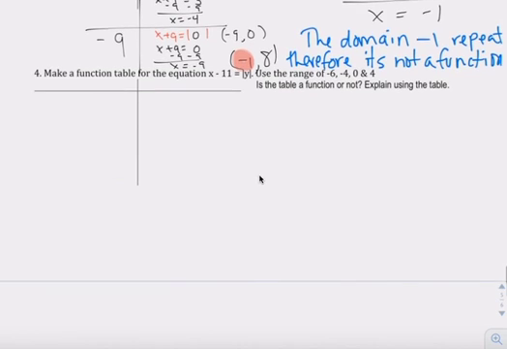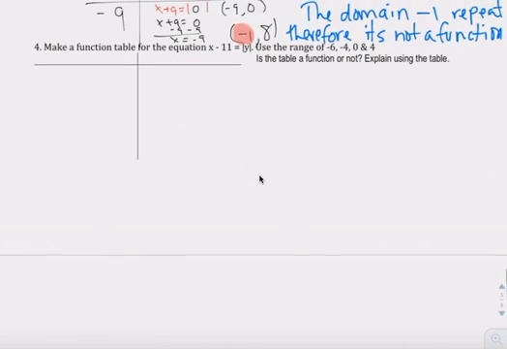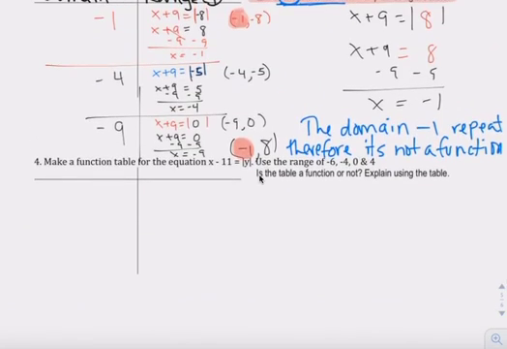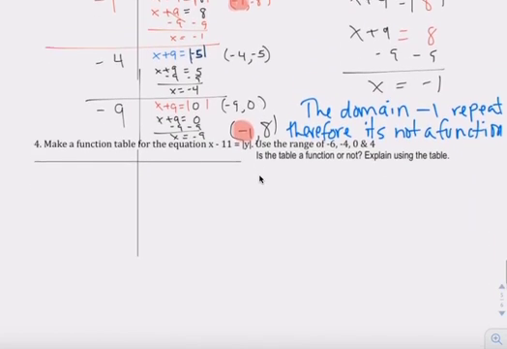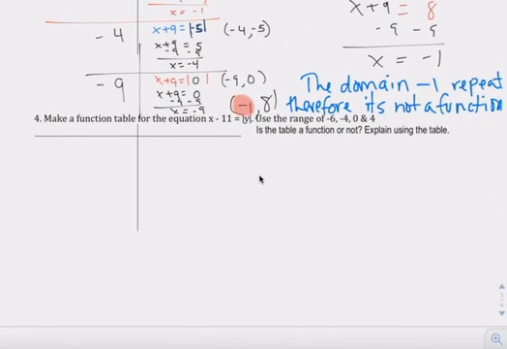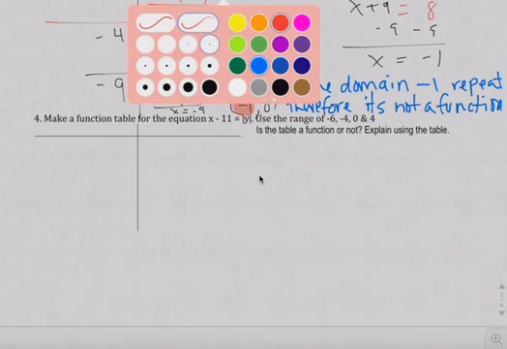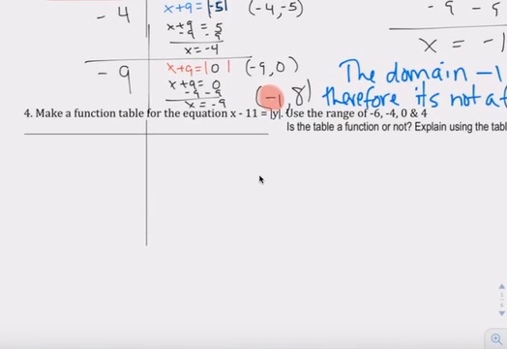And this number 4 is the same thing. Again, as number 3, if you have any question on number 4, ask me in class. Okay, I'll do one of them because this is asking for range again. This is on your test now. Range, so you got x minus 11 equals the absolute value of y.